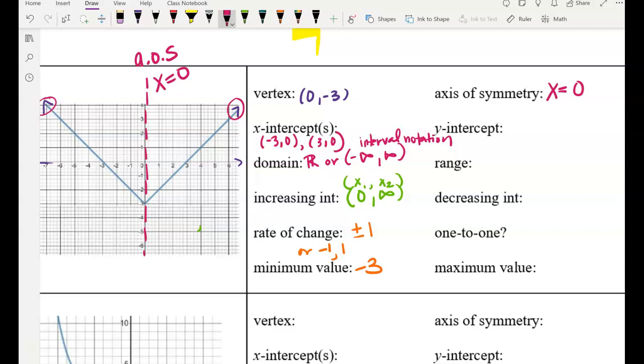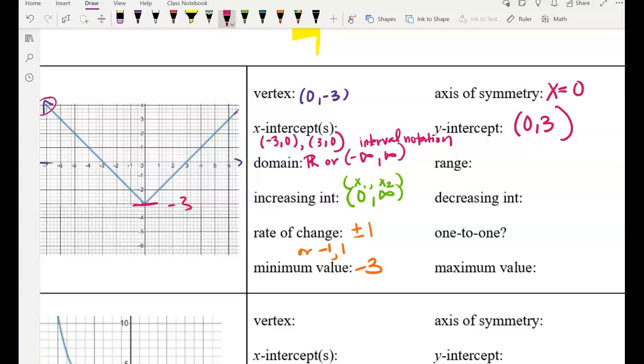Y-intercept, looks like we intersect the y-axis at 0, comma, -3. Yep, and that happened to be the vertex. And sometimes, yes, they can be the same answer. The range is all of the outputs, aka all of the y values, right, guys? Well, the smallest y value is -3. Okay, -3.